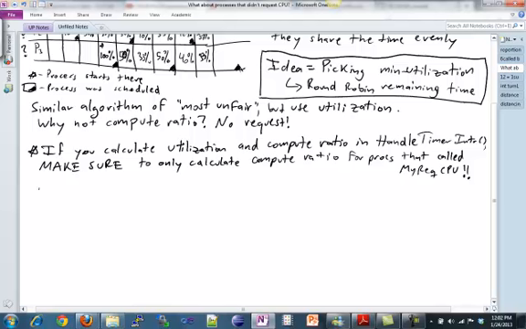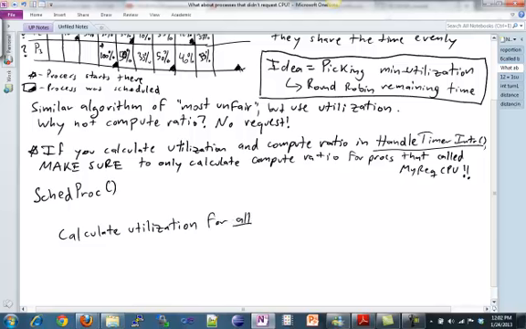So, schedule proc. What's our new version of schedule proc? Well, first, we want to calculate utilization. And this, I'm assuming that you didn't already do it in handle timer interrupt. If you did do it in handle timer interrupt, then you don't need to do this part. For all valid processes, regardless of whether or not they requested CPU, because we care about utilization for all of them, right?